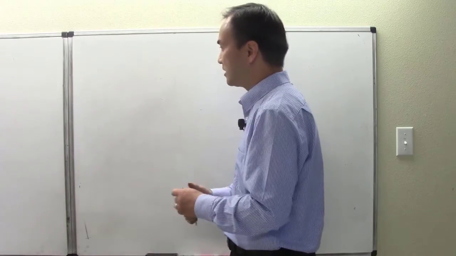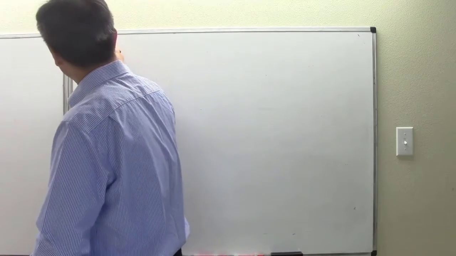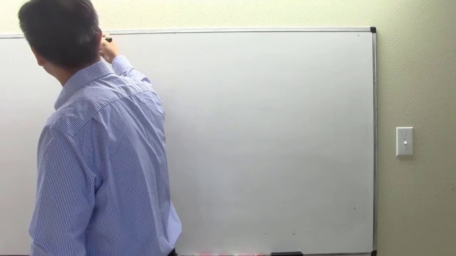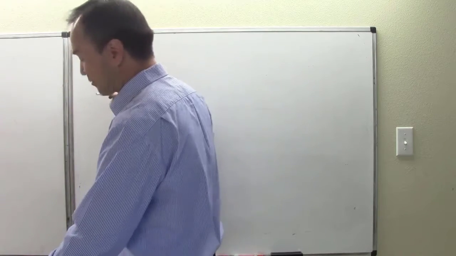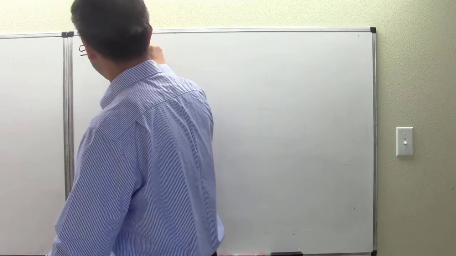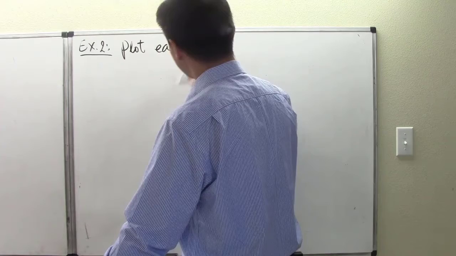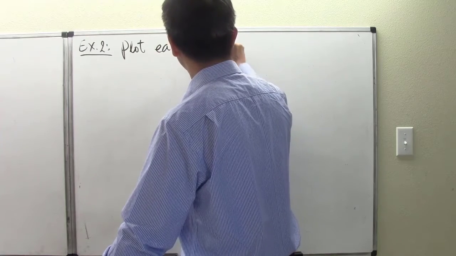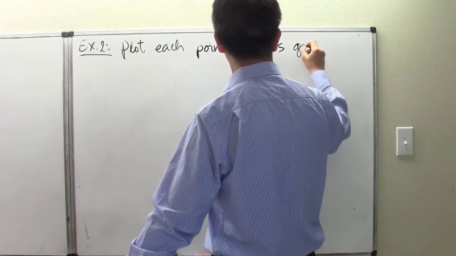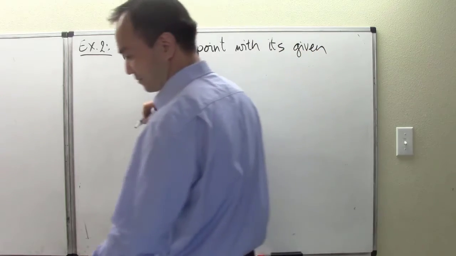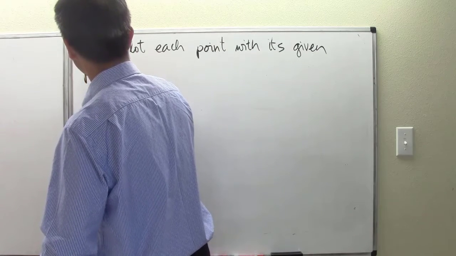All right, so now I'm going to spend some time writing down the wording of the problem. So in example 2, I'm going to say that the instruction of the problem is as following. Plot each point with its given polar coordinates.